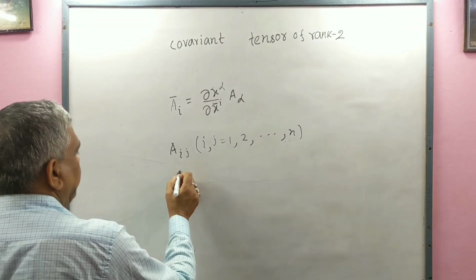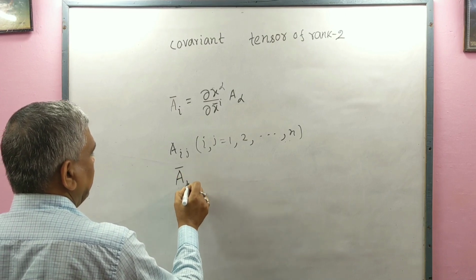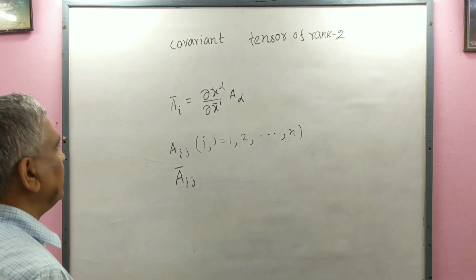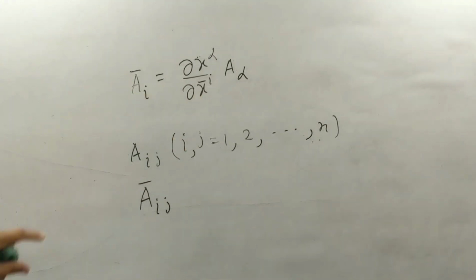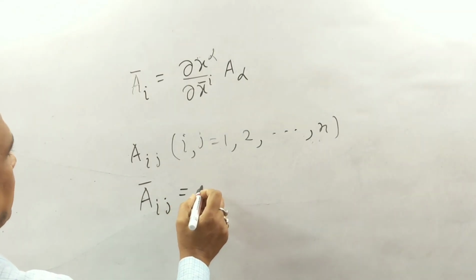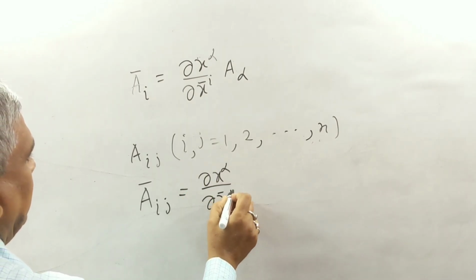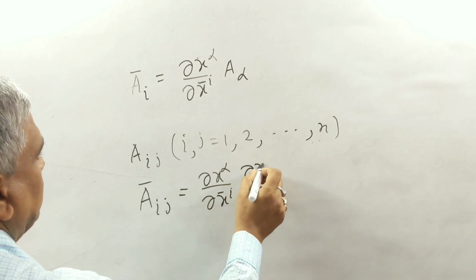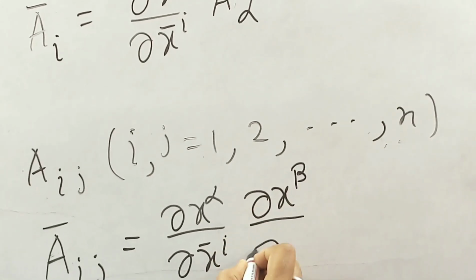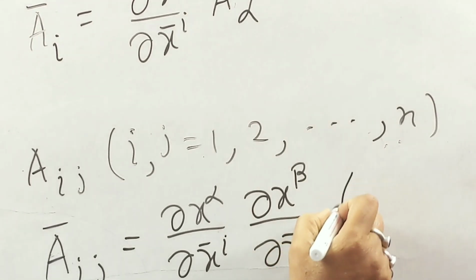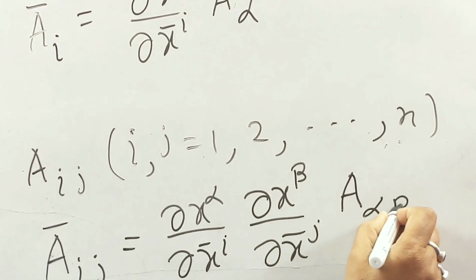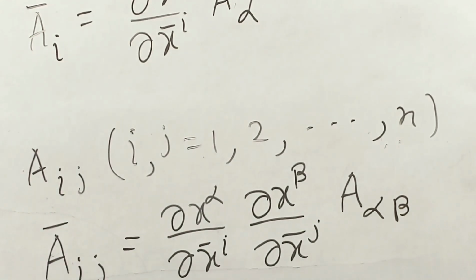Its corresponding quantity in x bar system of coordinates is a bar ij. Similar to this, we may write the transformation as del x alpha by del x bar i, del x beta by del x bar j, a alpha beta in the lower position. This is the tensor law of transformation of a covariant tensor of rank 2.